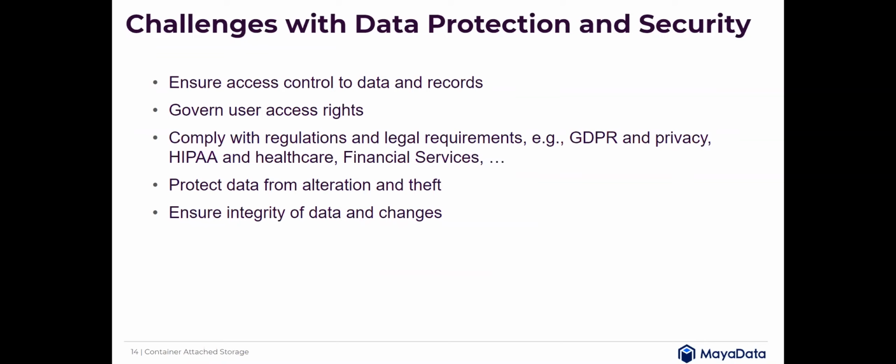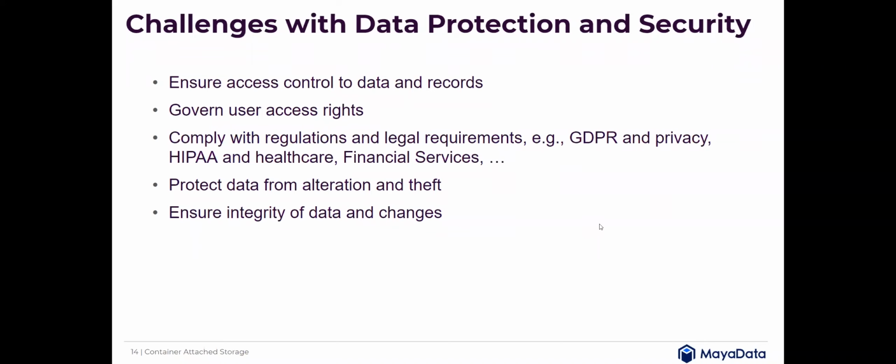So if you take WORM storage, if you secure the access to the storage, and if you make sure that you have the right integrity levels, you now have a solution that allows you to meet some of these challenges for data protection, be it your traditional applications, your cloud native applications, or your Kubernetes applications. The fundamental layers of data protection don't change. And that is where Cloudian comes in.